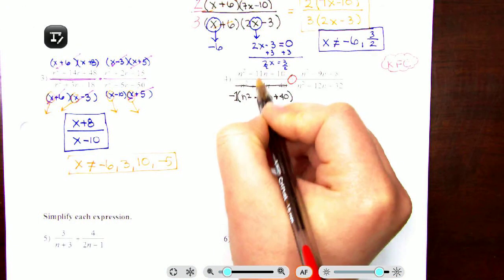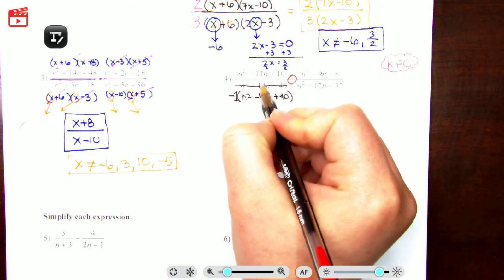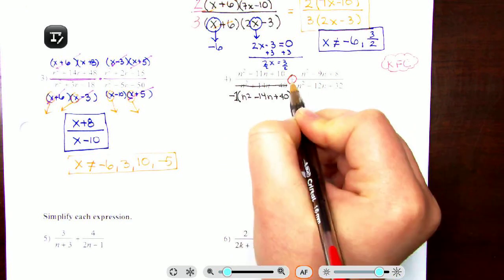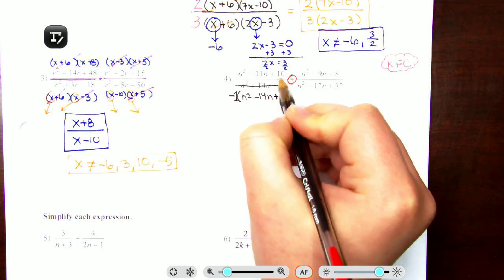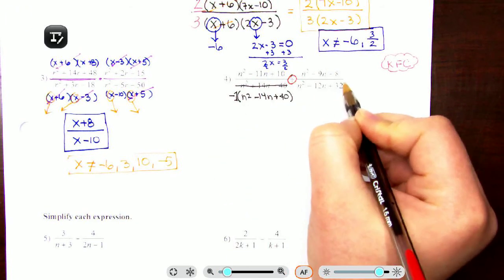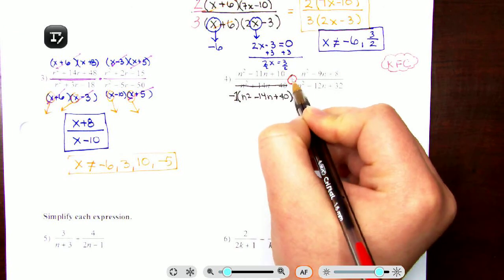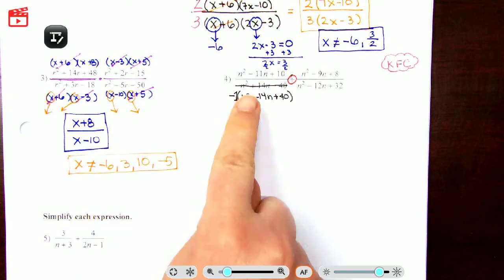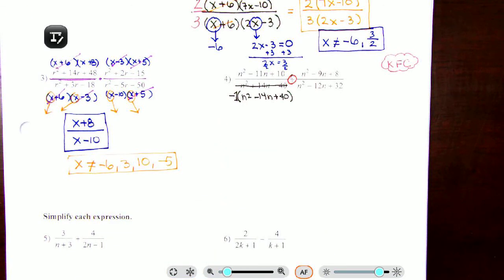We're going to keep this one here, we're going to flip the second one, and we're going to change the sign to multiplication. Again, keep the first fraction, flip the second fraction, change the sign to multiplication. So when I'm rewriting my expression in factored form, I will apply the KFC.